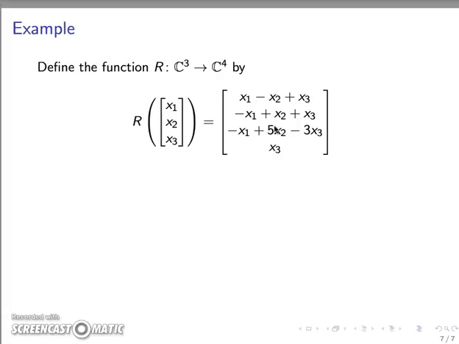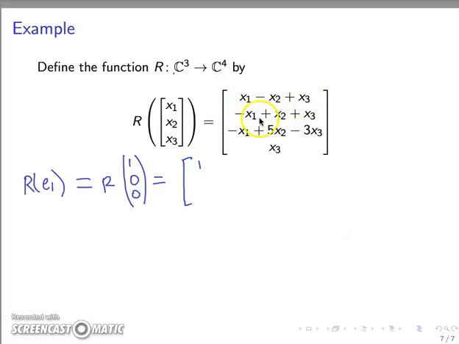So let's work this example. This is the definition of the transformation. Here we're working with C3, so let's evaluate the transformation R at e1. This means that we're evaluating at the vector 1, 0, 0, and we substitute in the definition of the transformation, so x2 and x3 are equal to 0.